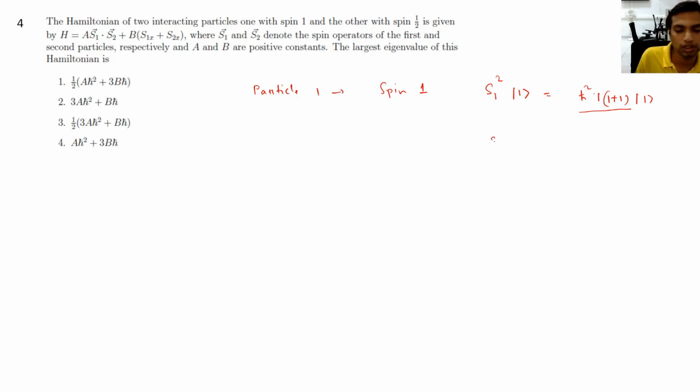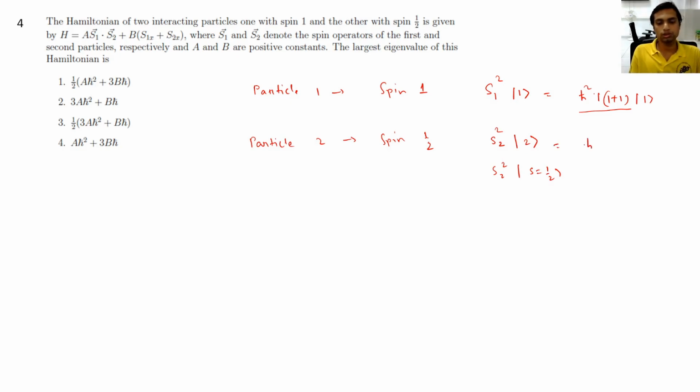And particle 2 is a spin half particle. So S2 square operating on particle 2, S equal to half, this is the spin 2 particle, and this 2 is just a label.